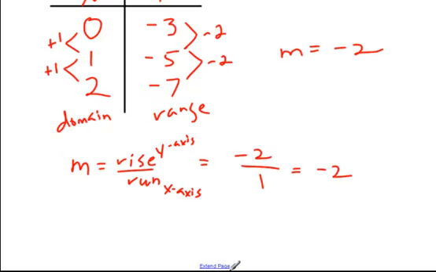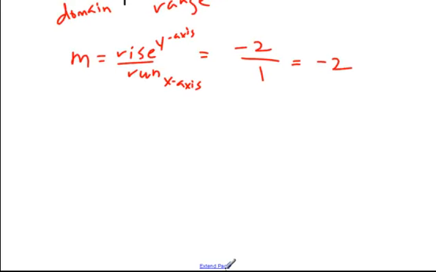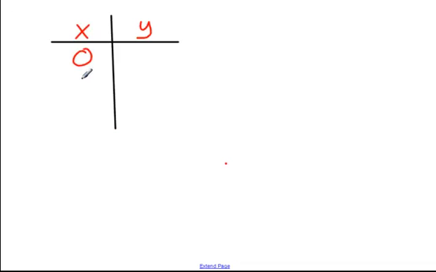Okay, now let's do a different one. Here's my function table. Here's my x input, my y output. So this time I'm going to do 0, -2, -4.